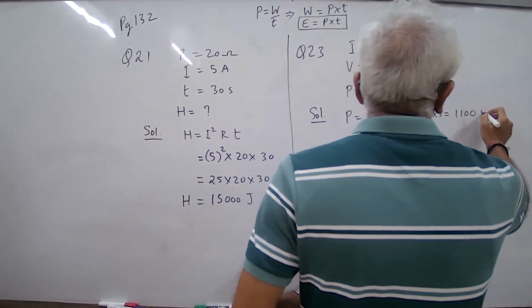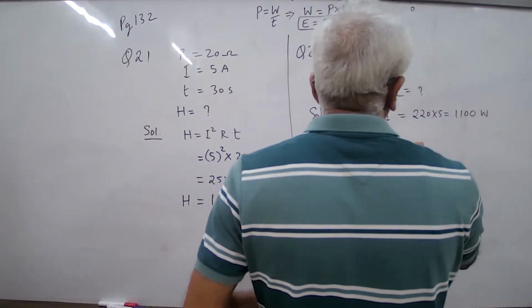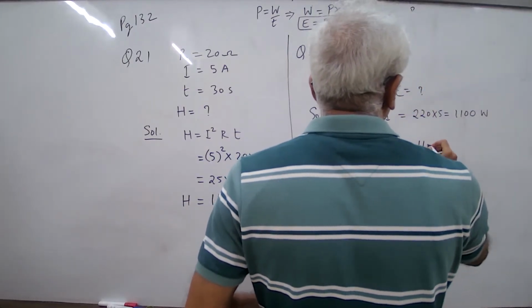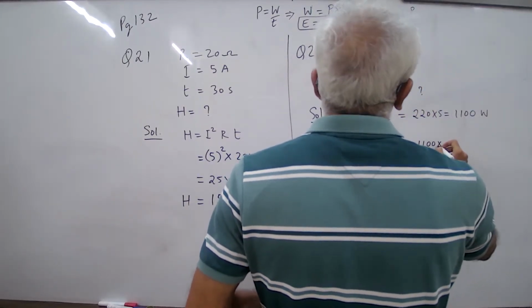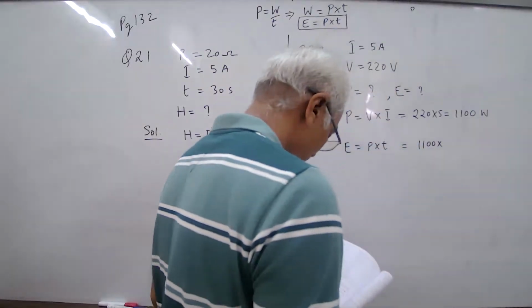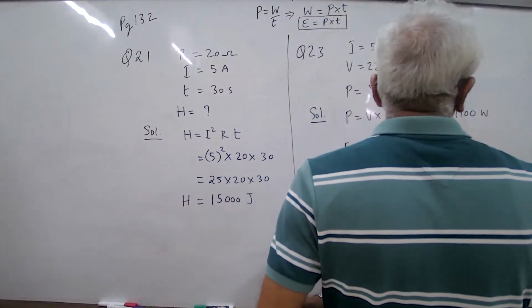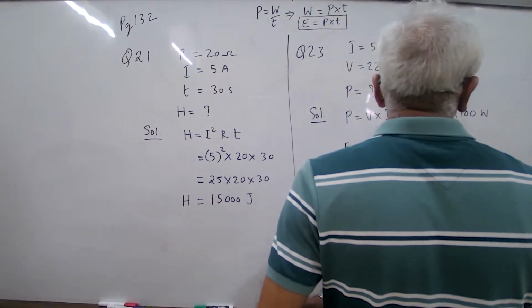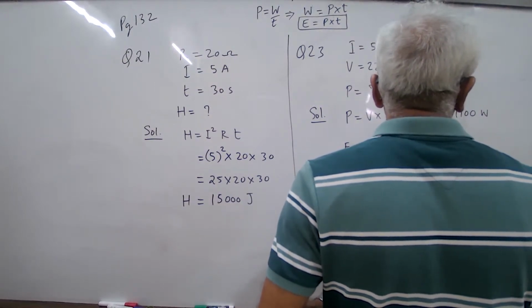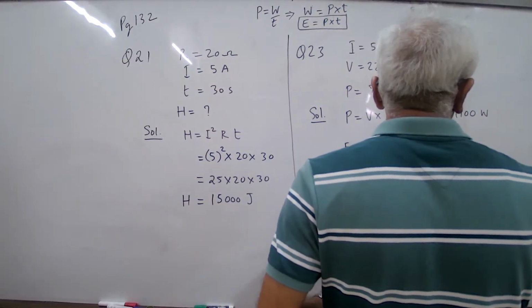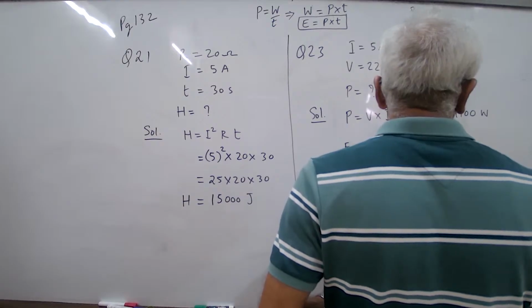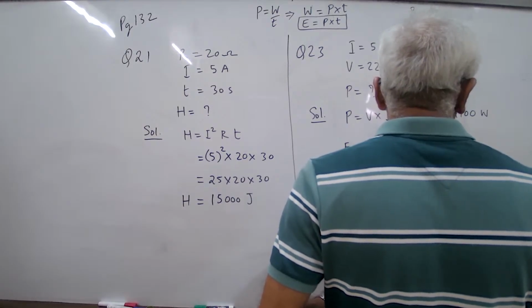This is 1100 watt, and energy will be 1100. How much is the time? 2 hours. So you can write it as 1.1 kilowatt into 2 hours. This is 2.2 kilowatt hour.